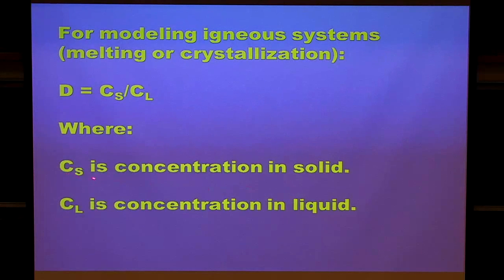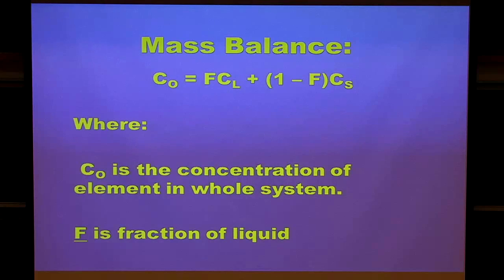For this case, what you're normally treated to in a textbook would be presented like Bill presented it yesterday, where C sub S is the concentration in the solid and C sub L is the concentration in the liquid. And then you go into a mass balance calculation or equation like this, which Bill showed you yesterday. The C sub O in this case is the concentration in the starting system.